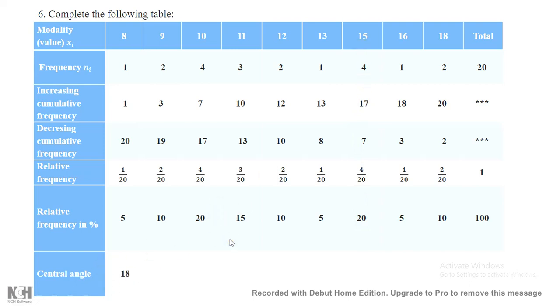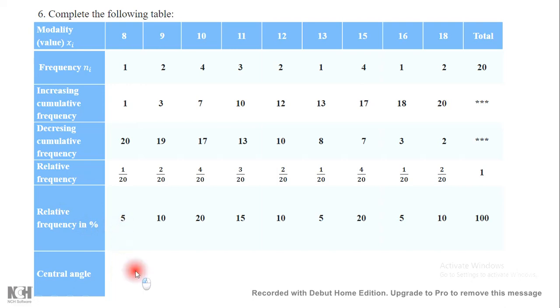Central angle. If we want to place these data in a circular or pie chart, circle shape, we have to find the central angle for each grade, for each value. How? By just multiplying the relative frequency percent by 3.6.